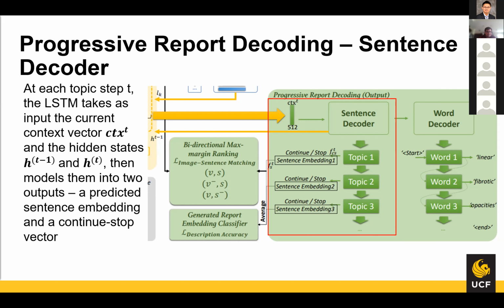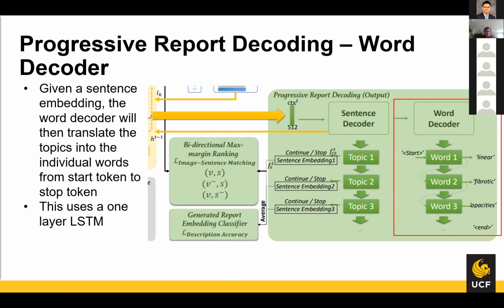One is the predicted sentence embedding, and then a continue or stop vector. So it tells you, I predict this vector for what is the context that should be contained within this sentence, and then also should I write another sentence or should I stop here?